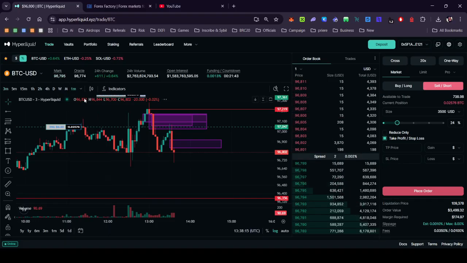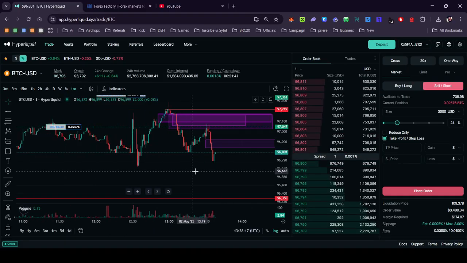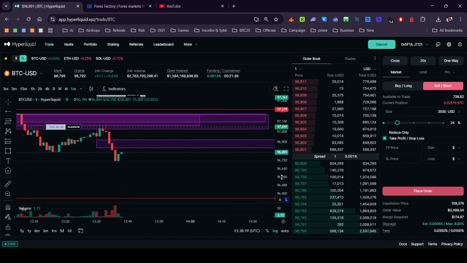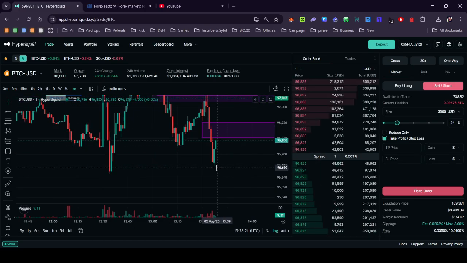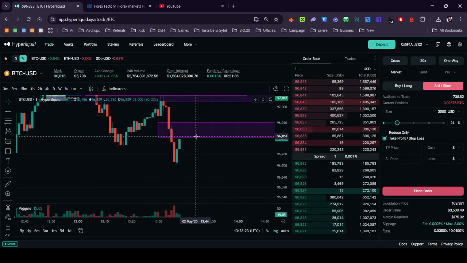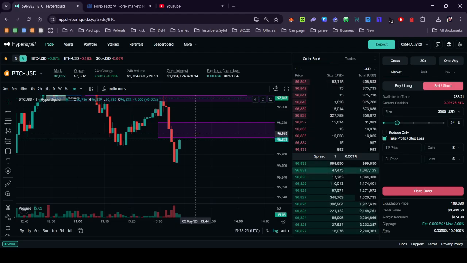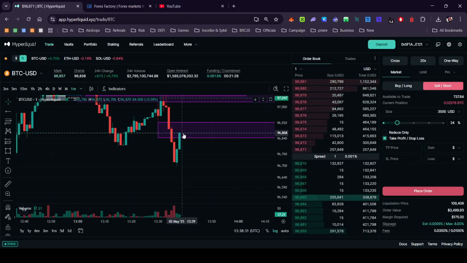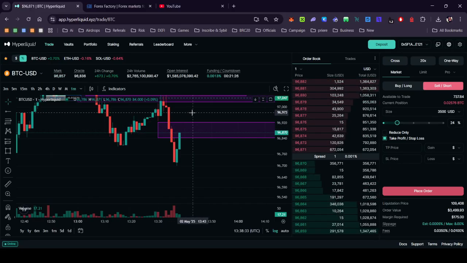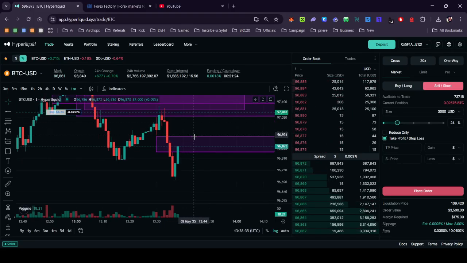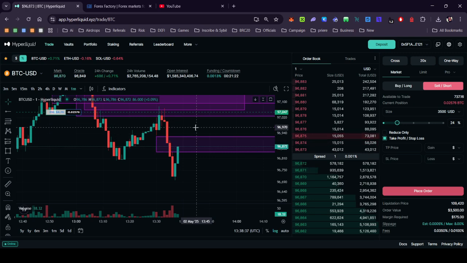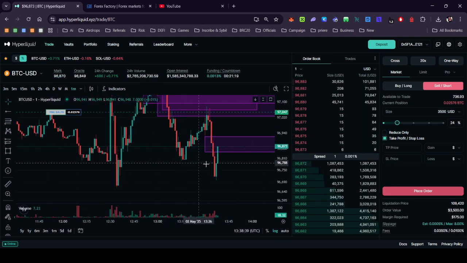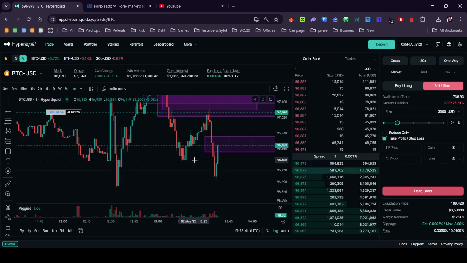Jumping into the 1 minute time frame, we can see the green candle is pushing toward the new fair value gap created, where a fair value gap is currently being filled. Sweep in liquidity around 96K 800.